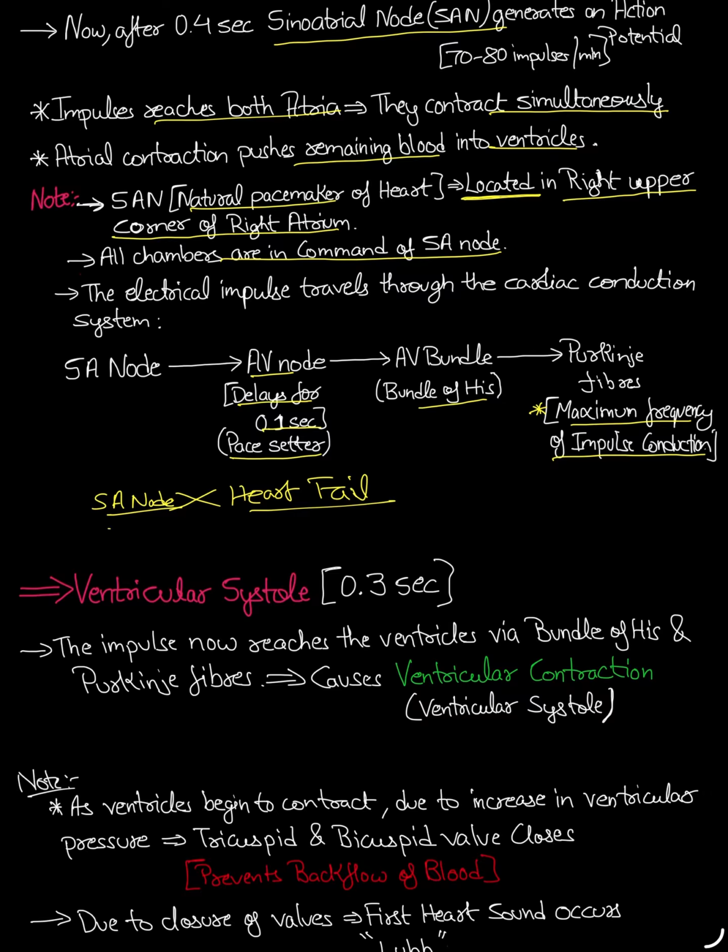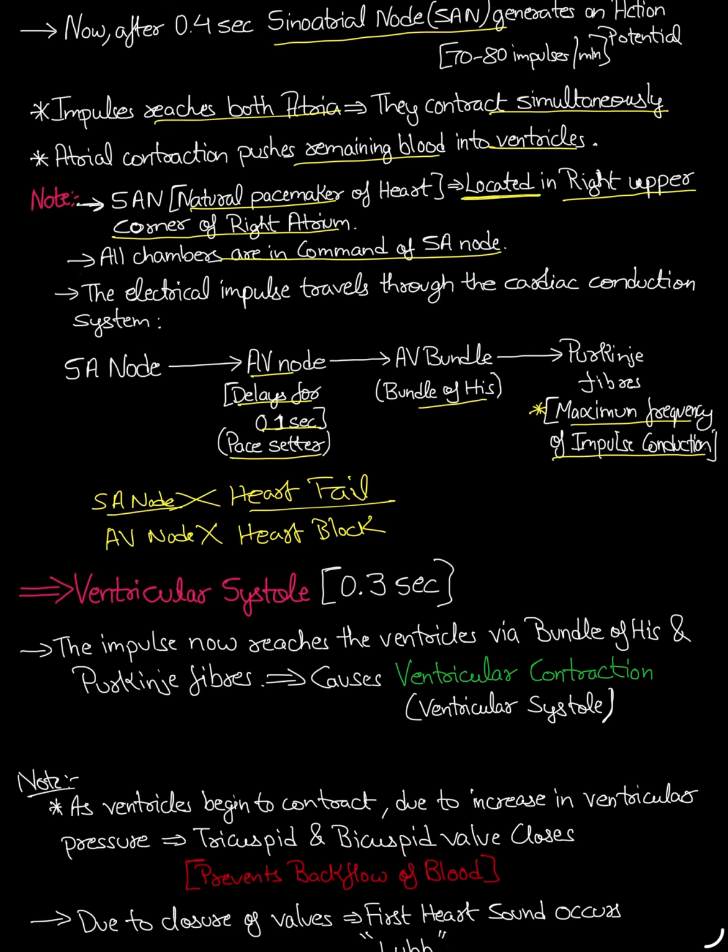Now stop the AV node, but the SA node works. This condition is called heart block. In this condition, our atria or auricle will contract at the beats of the SA node, but our ventricle will contract at the beats of the Purkinje fiber, which is around 30 beats per minute.